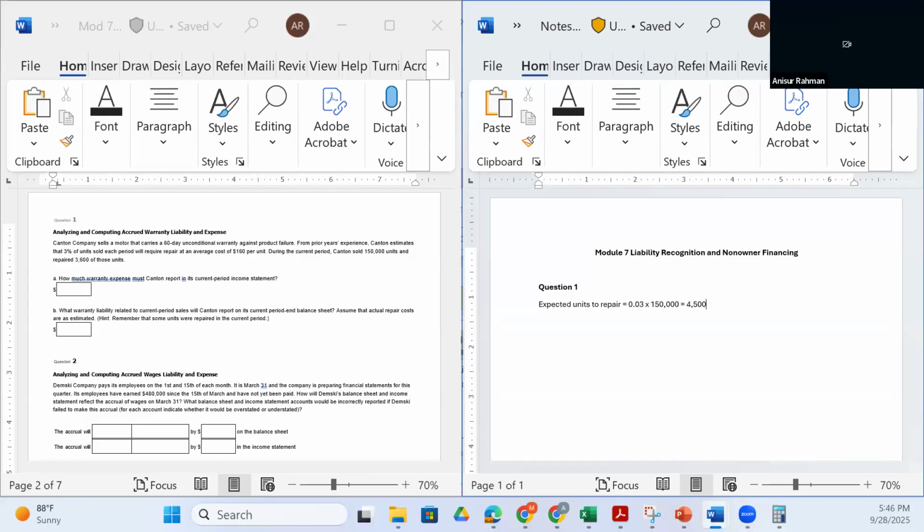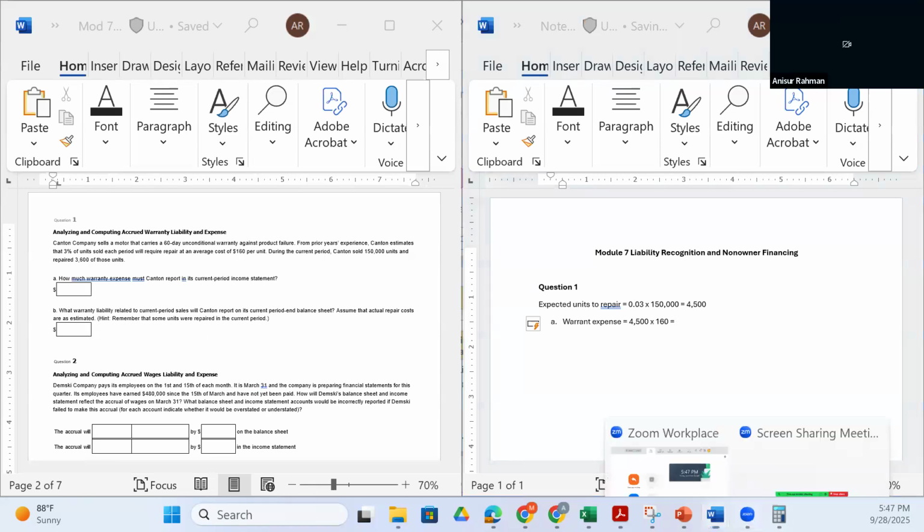And the actual numbers may be different, but you have to remember that when you report on the balance sheet and income statement, you report based on the expectation. In the case of the balance sheet, the first question is about the income statement. So warranty expense will be, you have to repair 4,500 units multiplied by $160 per unit.